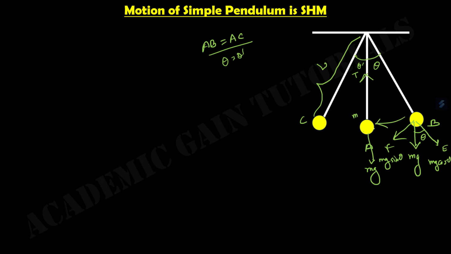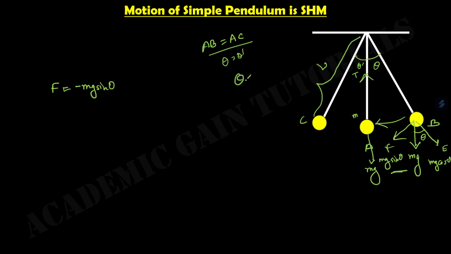So it always acts towards the equilibrium. In this case, our F will be equal to mg sin theta, but as these are opposite to each other, we use a minus sign. So from that we can find that F equals minus mg sin theta. And to be a simple pendulum, our theta must be very small.